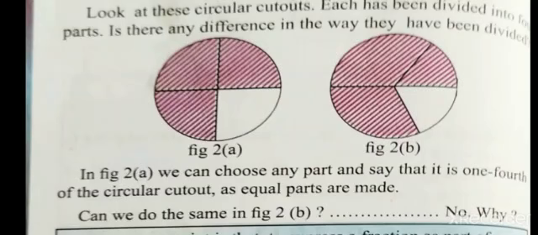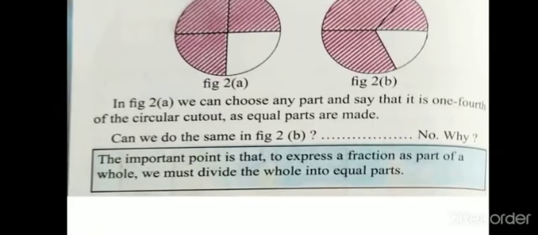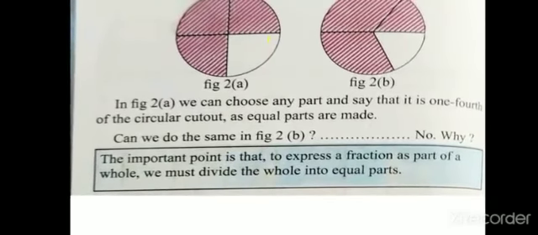But in the second figure you cannot write it as 1 by 4, because even though it is 4 parts, it is not cut into 4 equal parts. The important point is that to express a fraction as a part of a whole, we must divide the whole into equal parts.